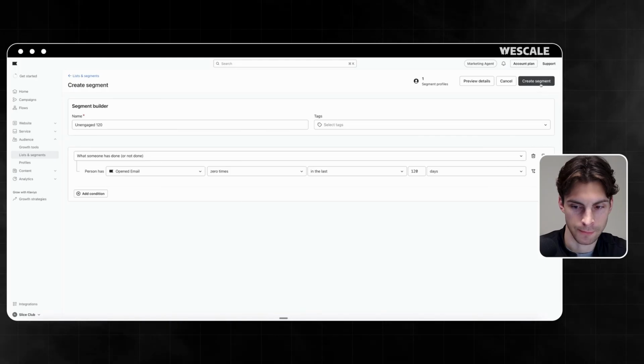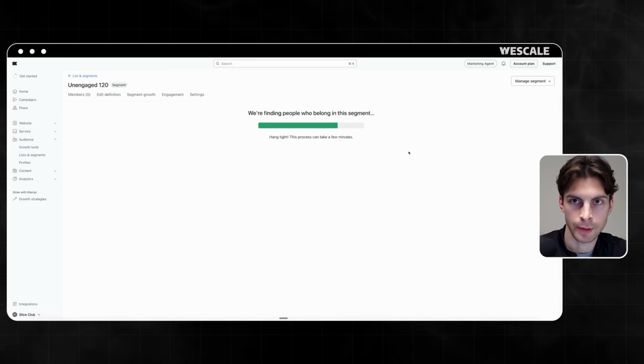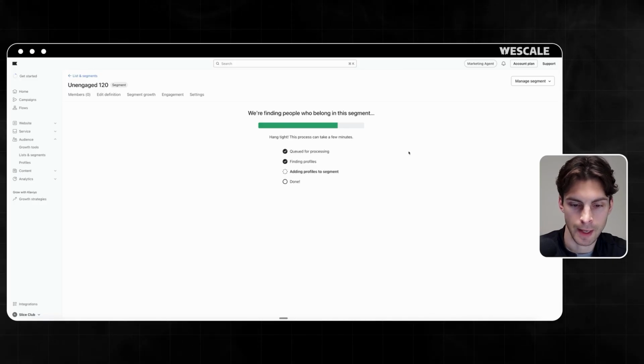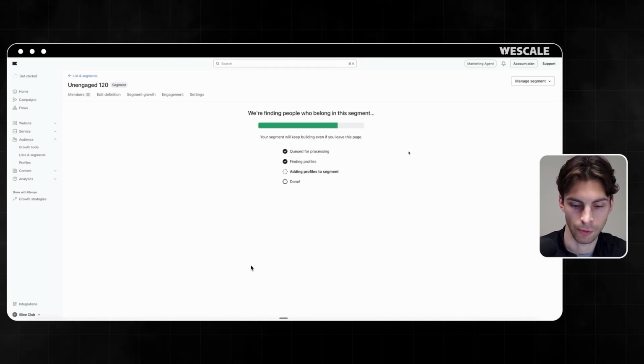And again, we're going to use this for our sunset flow, and then we just click create segment, and it will create that segment for us. So super easy, and you can use this anytime you want to create a segment inside of Klaviyo if you want to email specific people.